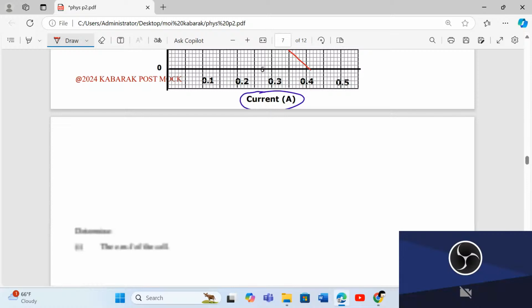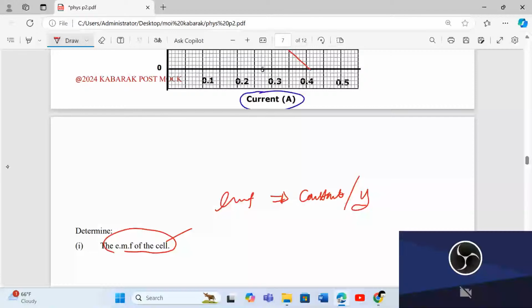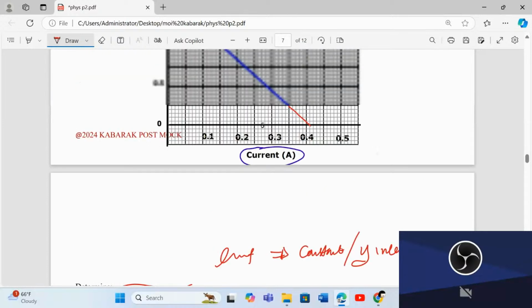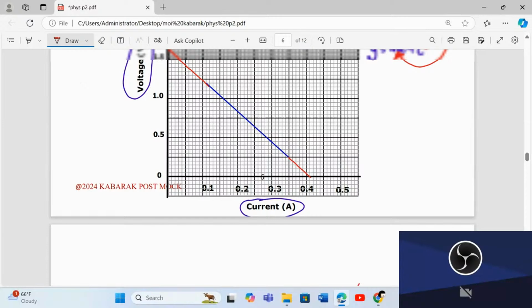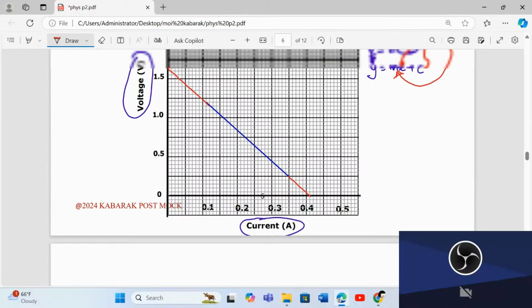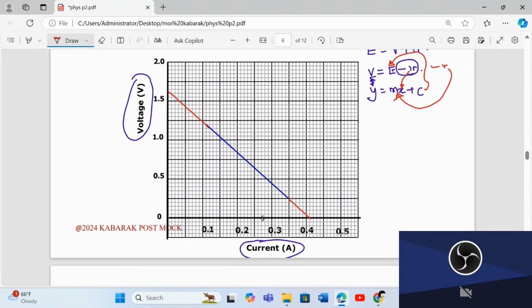I'm being asked about the EMF of the cell. You have said that EMF is the y-intercept. The y-intercept is read from the scaling of this one: a small square represents 0.05.